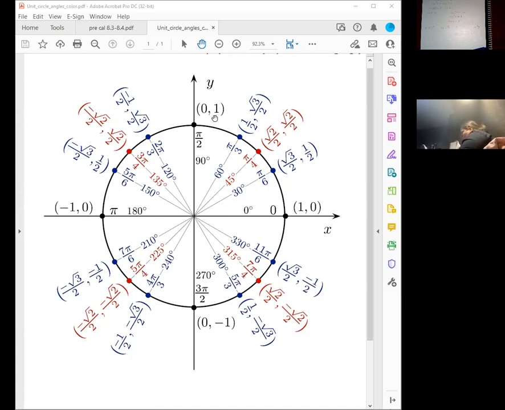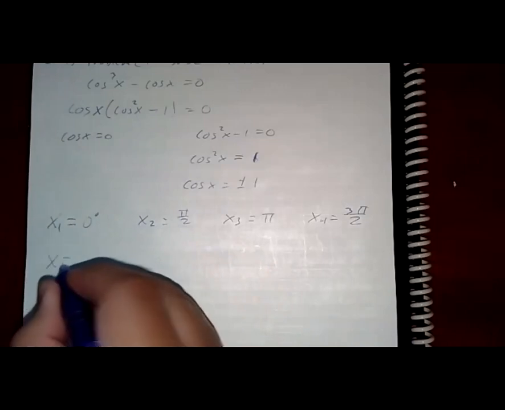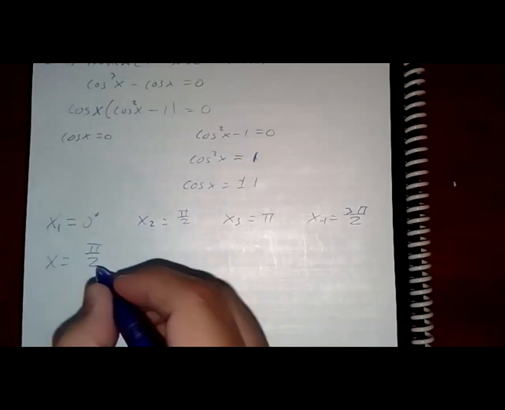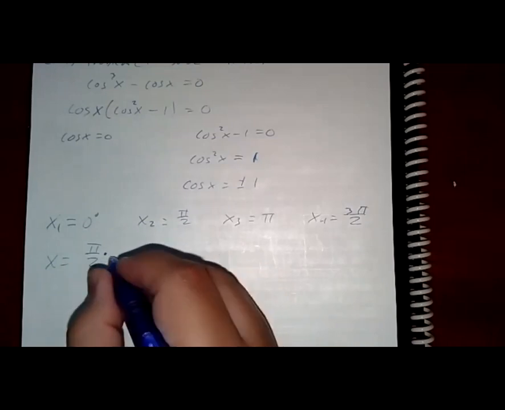What is the distance from here to here? Pi over 2. And you notice how this is the same thing, right? Over here is another pi over 2. And again. So the solution to lump it all together in general terms is that x is equal to pi over 2 times n.